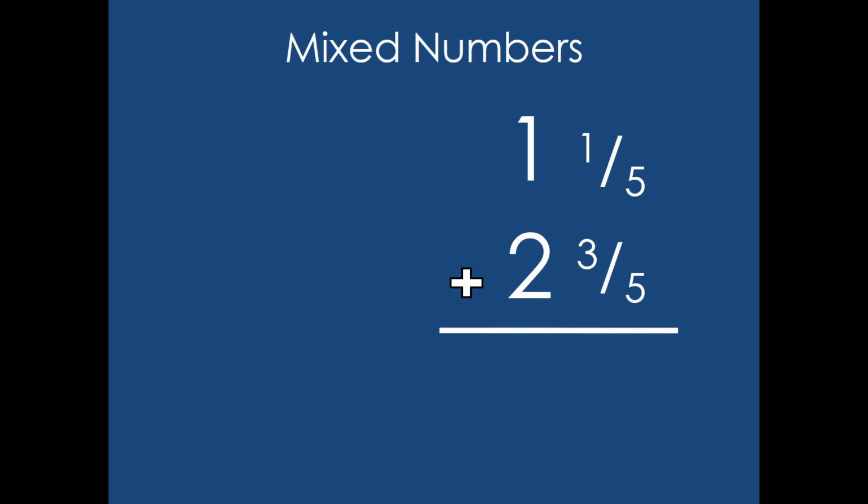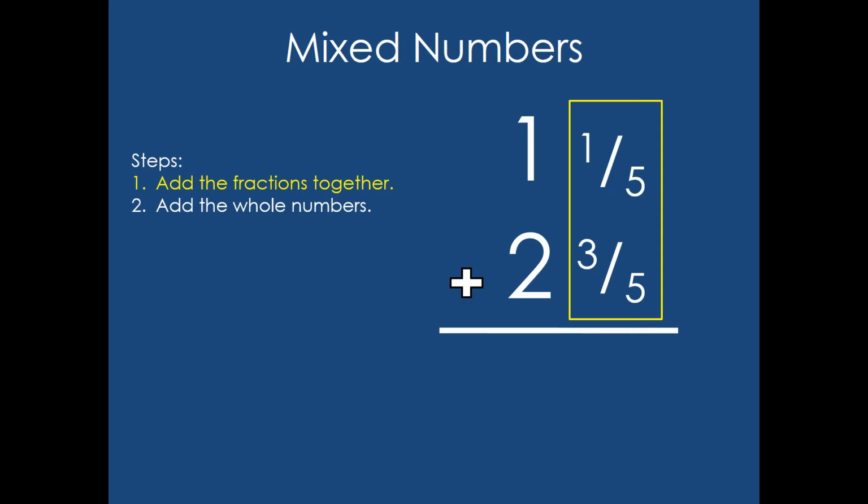Here is an example of the easiest way of adding or subtracting mixed numbers. We have here 1 and 1/5 plus 2 and 3/5. First step, add the fractions together.